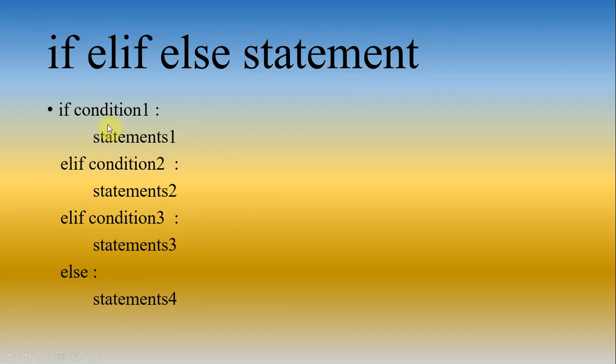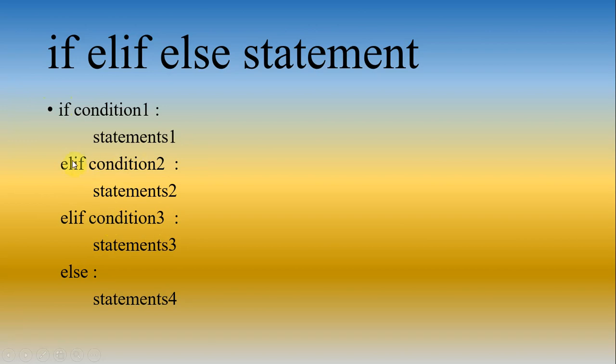But if condition 1 is, suppose, false, then we move on to this one. If this becomes true, elif and the condition, then we execute the statements inside this elif and we don't go to these two. So this makes us understand that you could write multiple elifs.